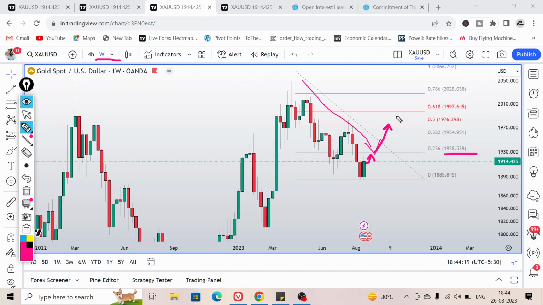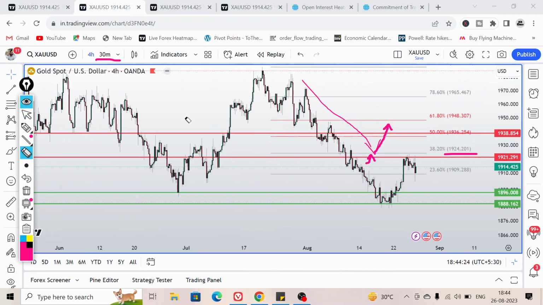But on intraday levels, this is the 4-hour time frame. Let me show you which levels we have to look for. On the 4-hour time frame, this is the Fibonacci tool, and these are the support levels.